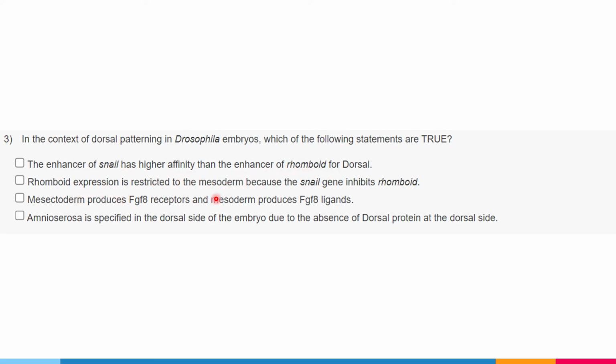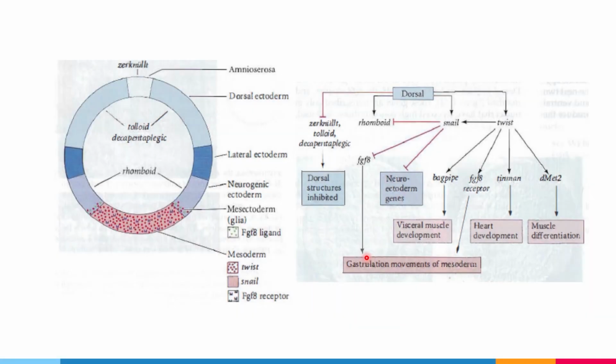Rhomboid expression is restricted to mesoderm because the snail gene inhibits rhomboid. Mesectoderm produces FGF8 receptors and mesoderm produces FGF8 ligands. Amnioserosa, which is the embryonic structure, is specified in the dorsal side of the embryo due to the presence of dorsal protein at the dorsal side. So let us directly look at the solution slide to it.